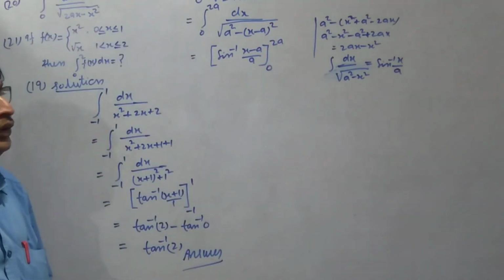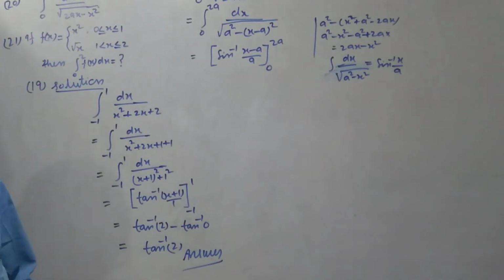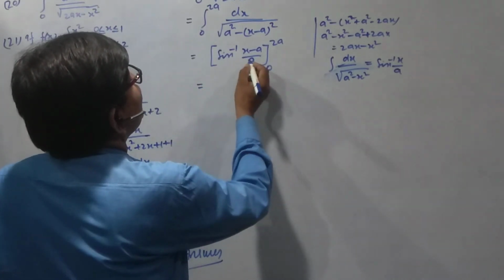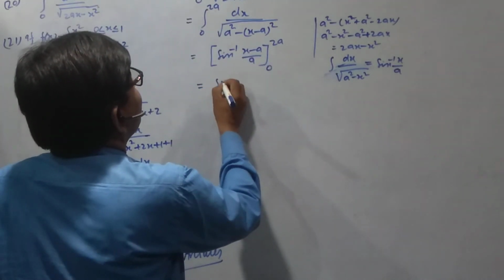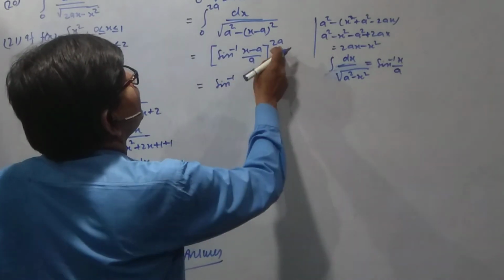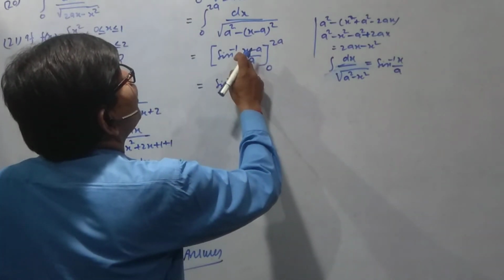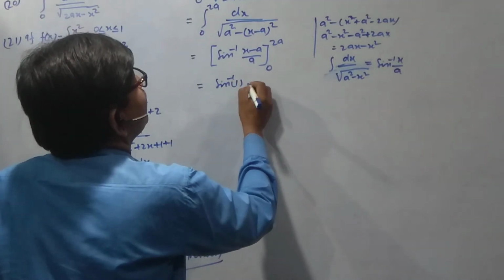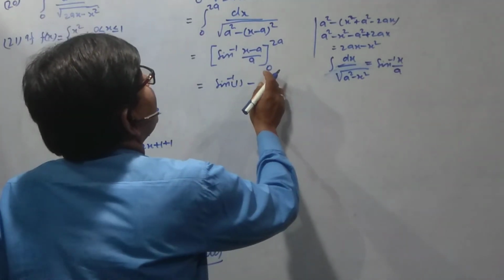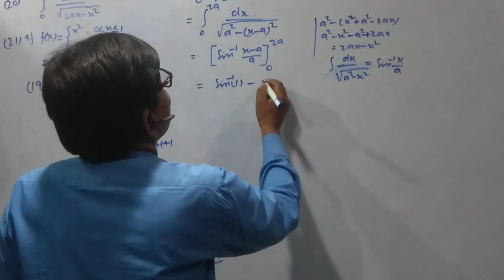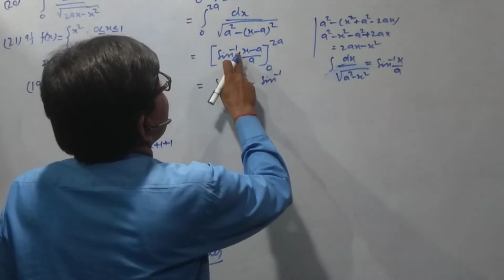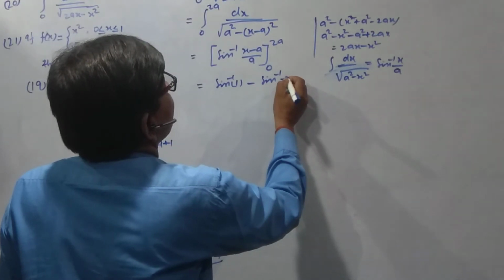Now putting the upper limit and lower limit: x is equal to 2a, so sin inverse of (2a minus a) by a, that is 1, and x equal to 0, so this is sin inverse of minus 1.